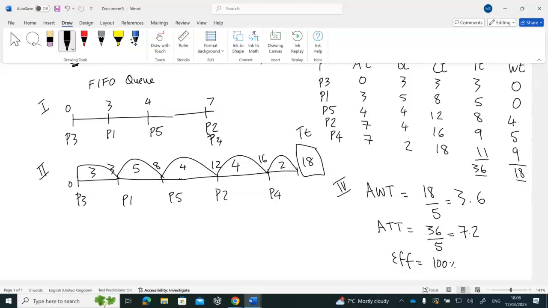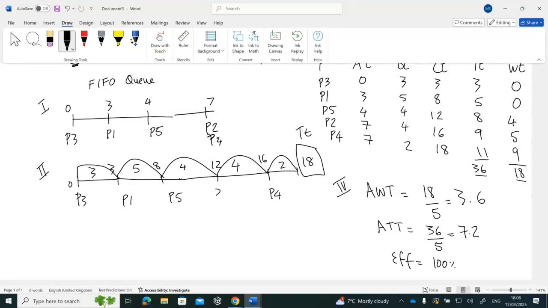Because the first process was very long. Very good. If you look at the previous example, the earlier process had a very high burst time.